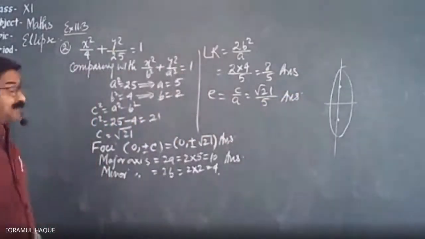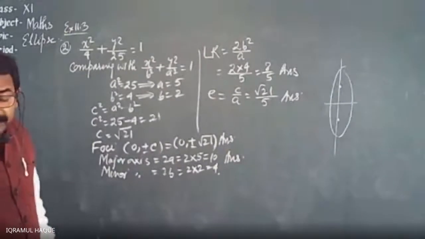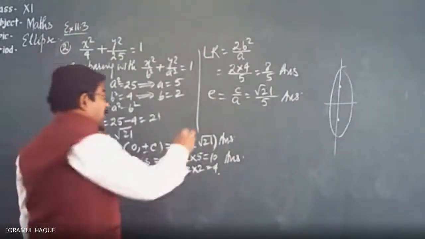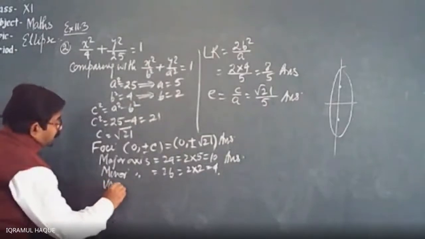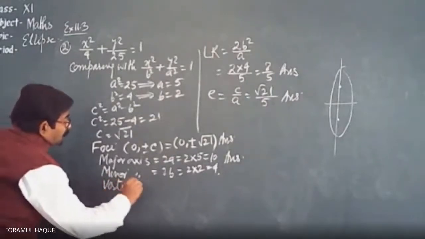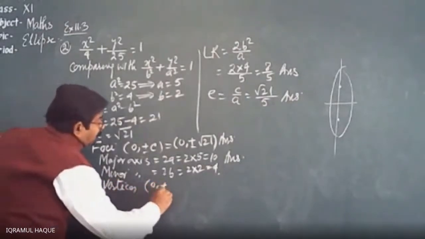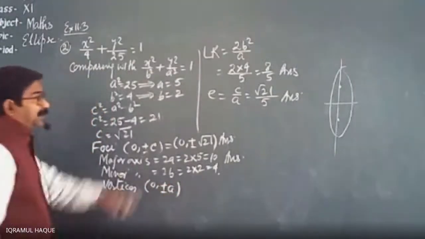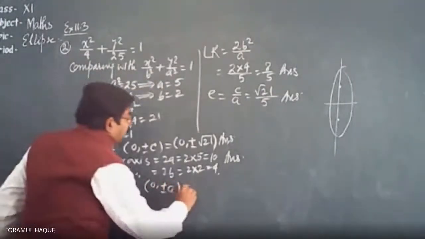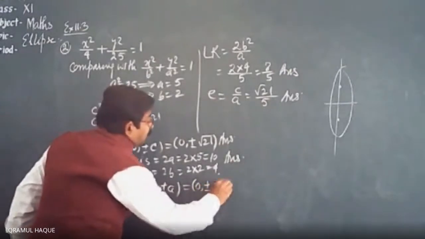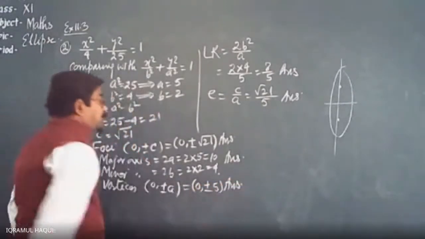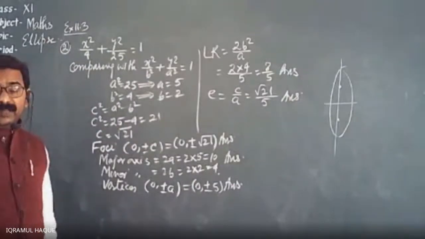So all answers we have got. What is left? Here I'm writing the vertices: 0, plus minus a. It is on the y-axis, so we have 0, plus minus 5. This is the answer. Got it?